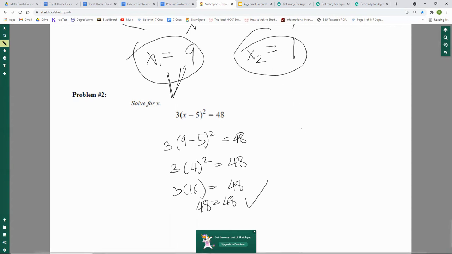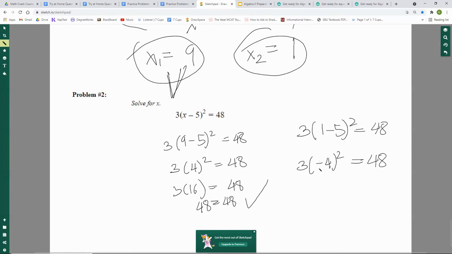We can do the same thing: 3 times, and this time, instead of 9, we replace x with 1, so 1 minus 5 squared equals 48. Then we get 3 times negative 4 squared equals 48. Looking over to the left, it's almost identical except for negative 4 instead of positive 4.